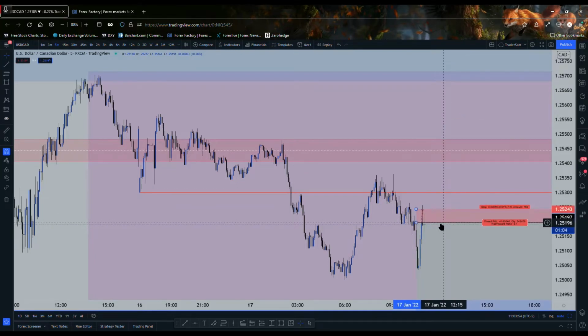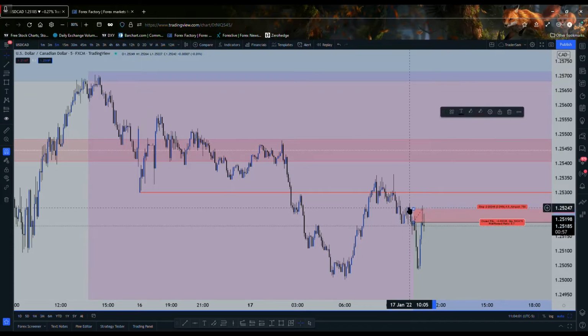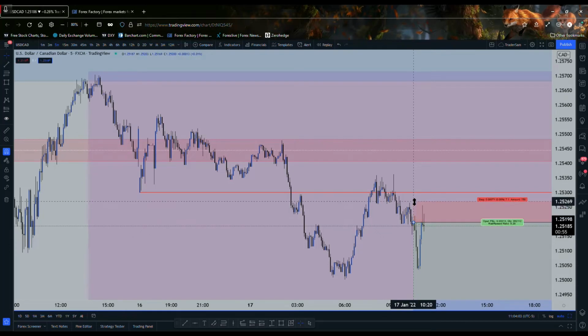My entry was actually inside this order block right here. So having said that, this is where I entered. This is my stop loss right above this swing high, and I want to see if it gives me.